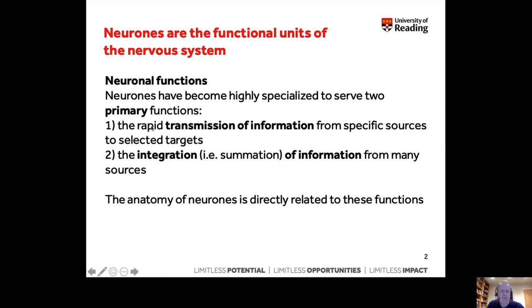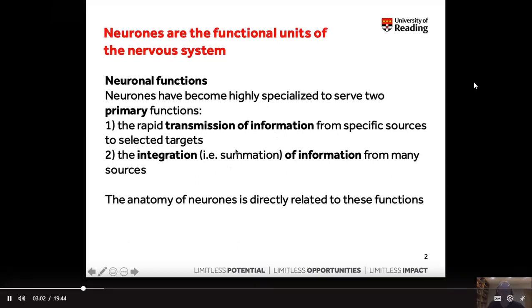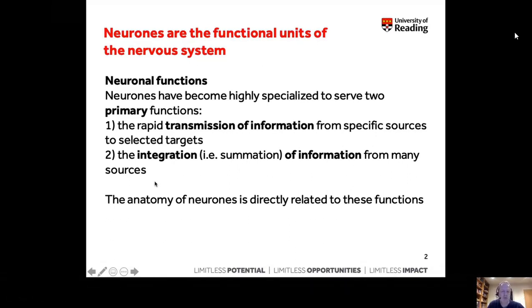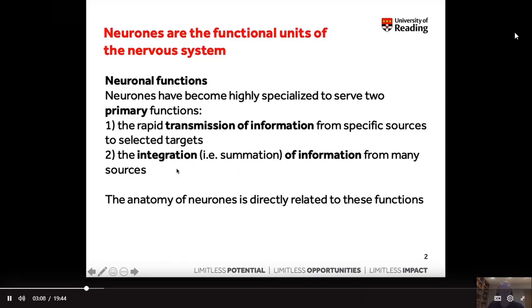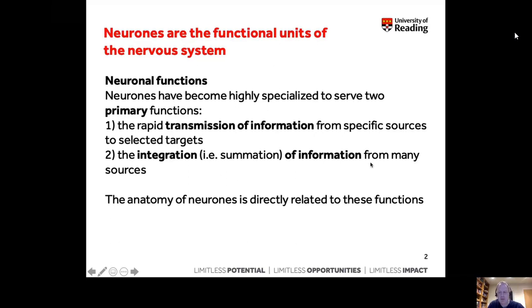So firstly, they're important in the rapid transmission of information within the central nervous system and the peripheral nervous system, and the integration of information from many sources. So we'll see what this latter integration term means as we go through the screencasts.